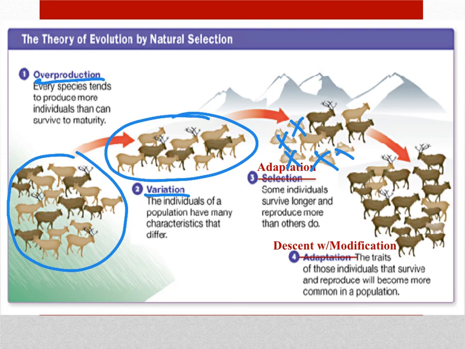And descent with modification is over time: if you look at this population, most of them have these same traits, that adaptation that allowed them to survive. There's still a few of these guys that have this less advantageous trait, but it's not going to be as prevalent because it's not giving them a better advantage.